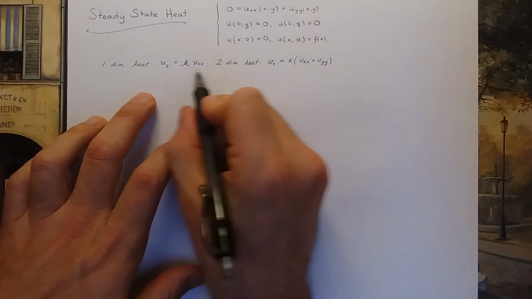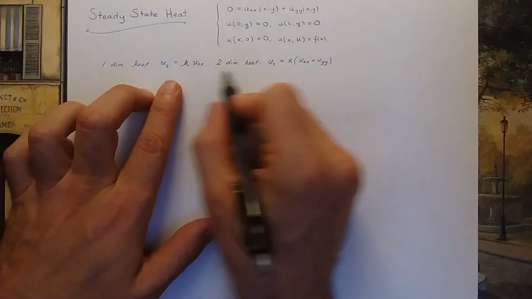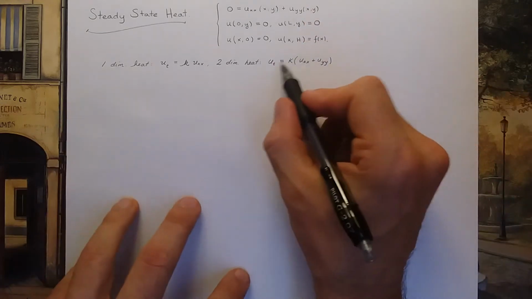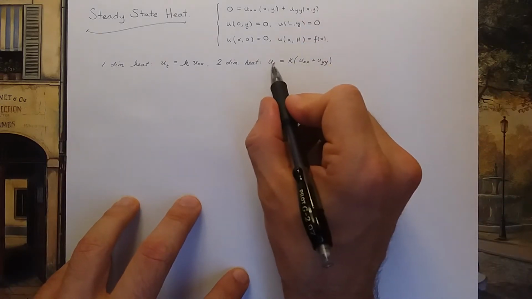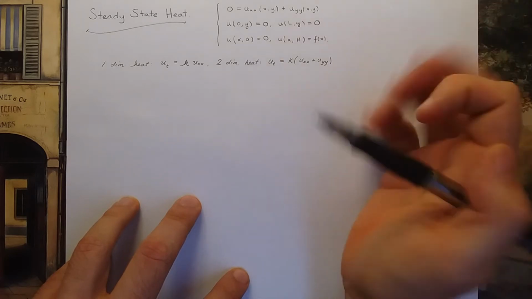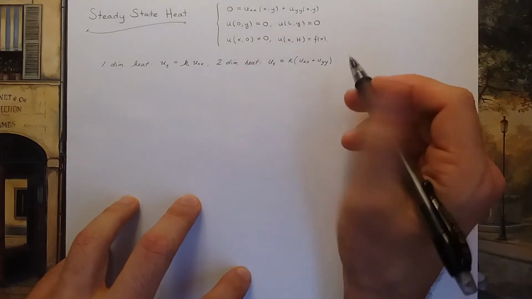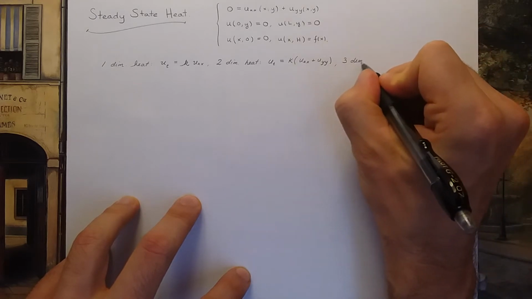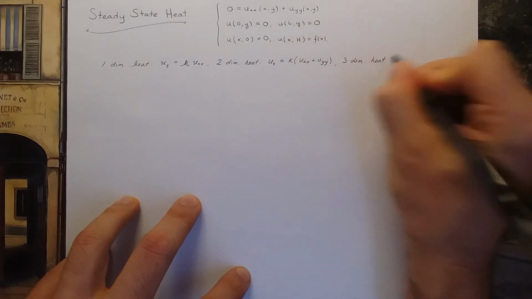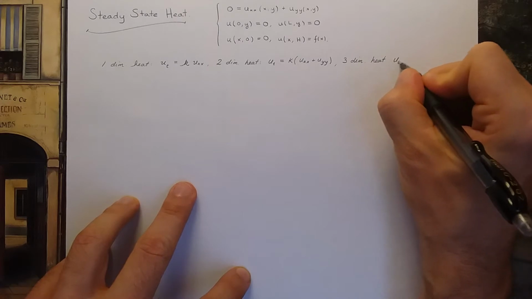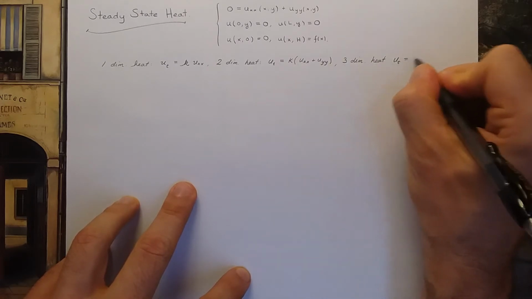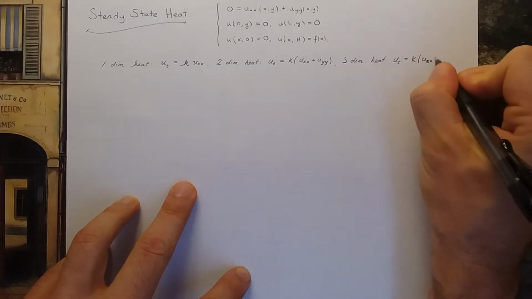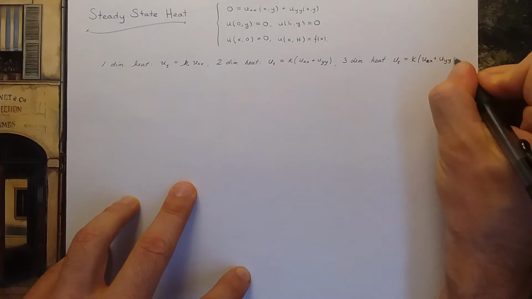So instead of just having an x coordinate, I now have two spatial dimensions, x and y, and I'm assuming that my function u is a function of the three variables x, y, and t. You could generalize this to the three-dimensional heat equation, which is analogous. It's the partial with respect to t is some constant times the three partials uxx plus uyy plus uzz.